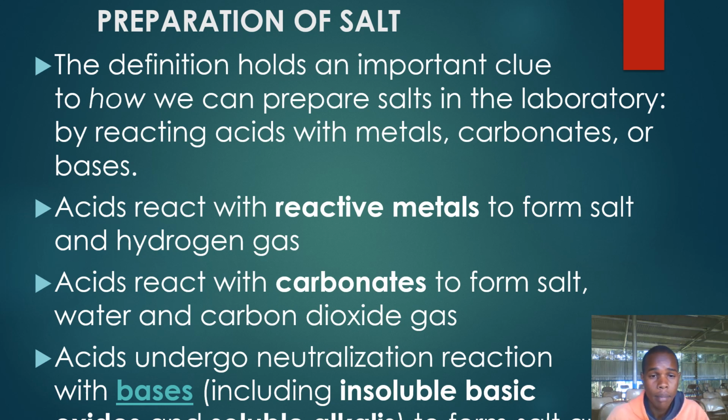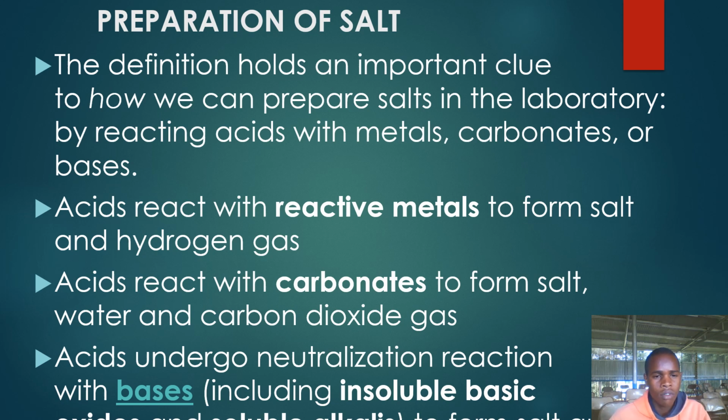The first method of preparing a salt is by reacting an acid with a reactive metal to form salt and hydrogen gas. For example, when reacting zinc metal plus sulfuric acid, it forms zinc sulfate plus hydrogen gas.